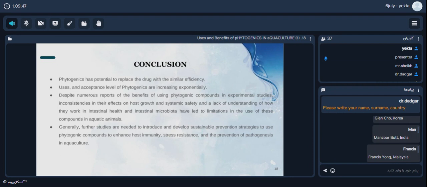Suppose there is a report from someone that if he uses one herb, take doobgrass, or take cineole, which is from eucalyptus in Australia, 5 gram per 100 kg of cineole is working against Vibrio.